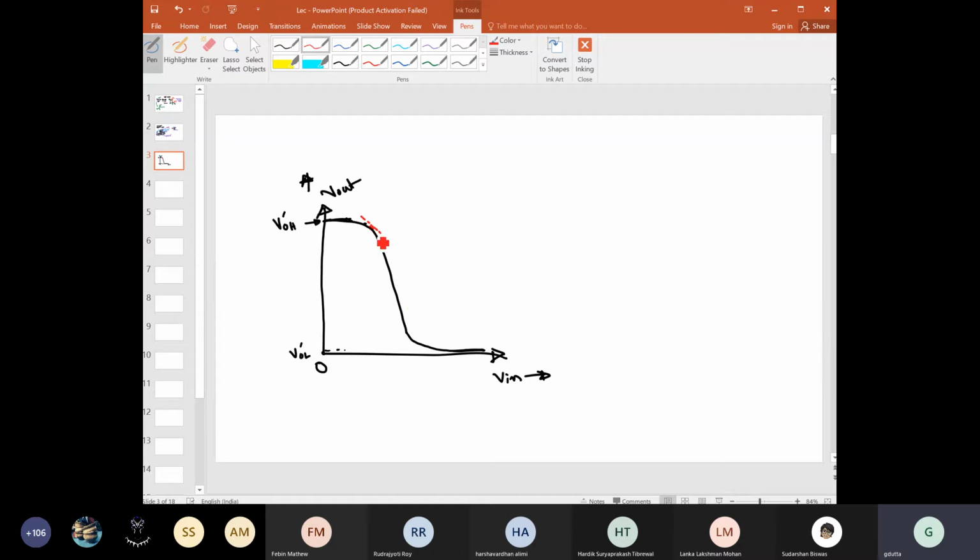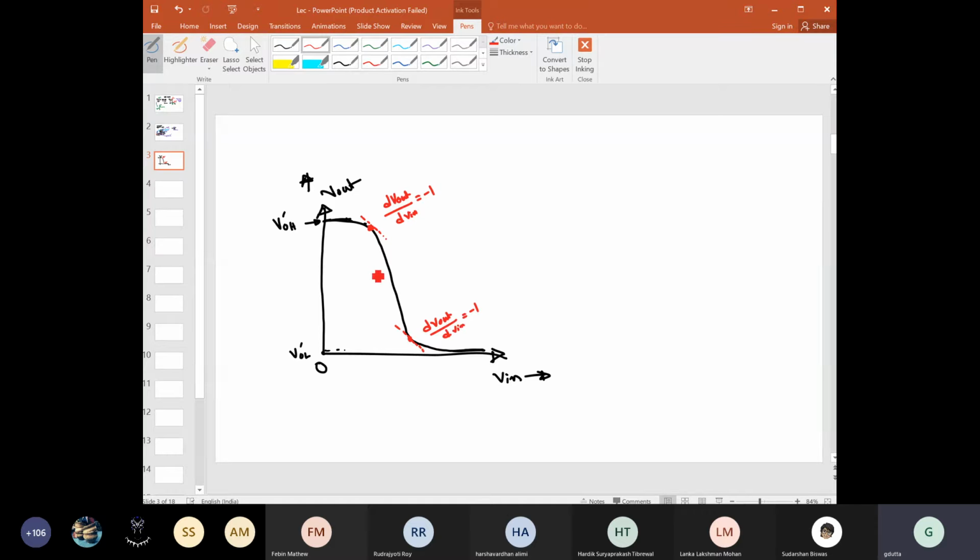If I say 1, then please understand it is the modulus value, the mod of this slope. If we have to say the actual slope, then it should be -1. So here the slope is -1, here the slope is -1. Or let me write it as dV out by dV in in this region is -1, here also dV out by dV in is equal to -1.